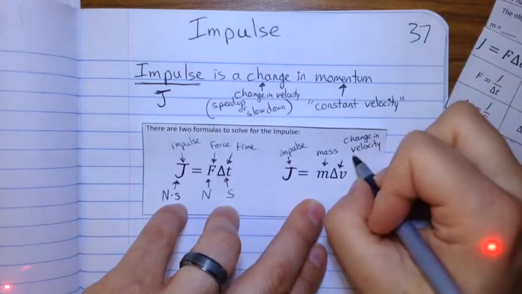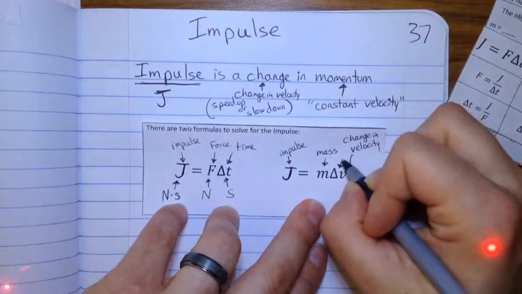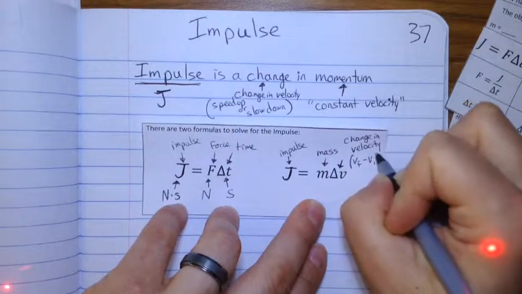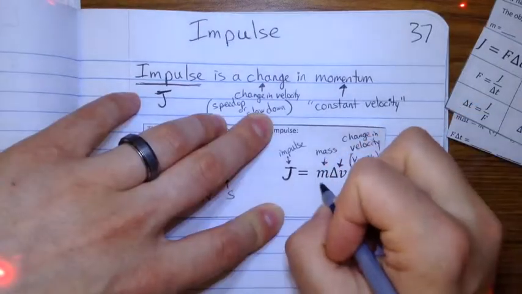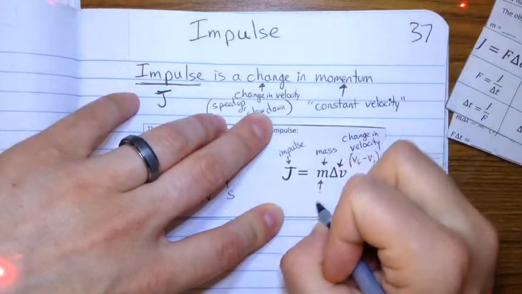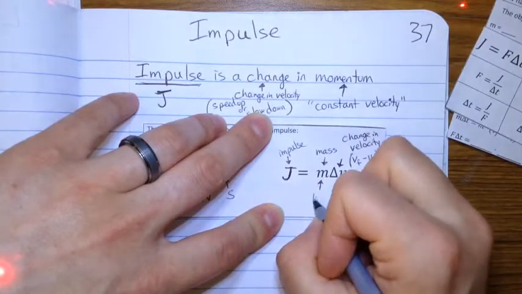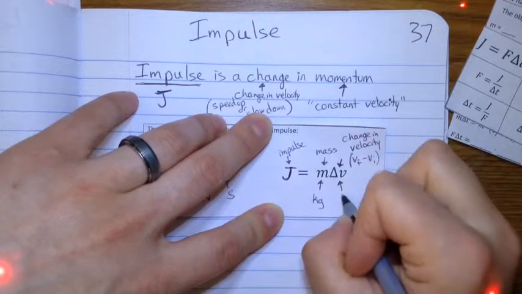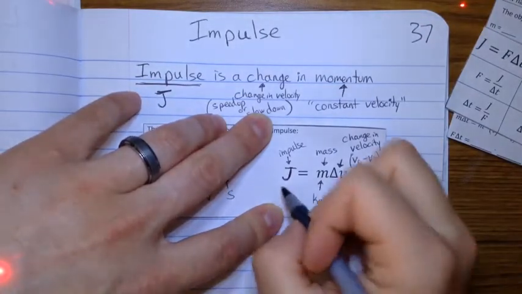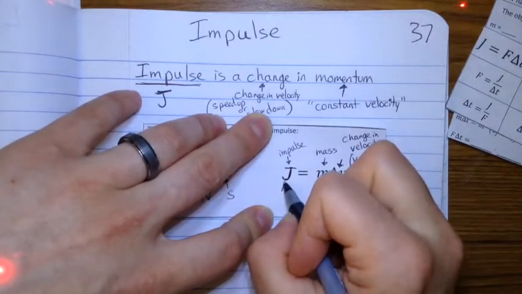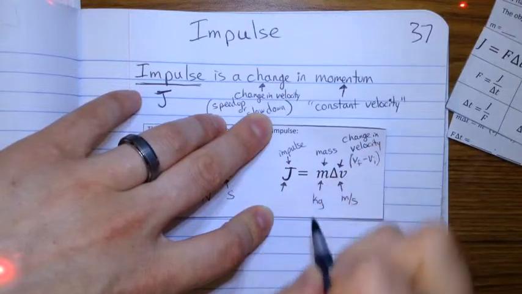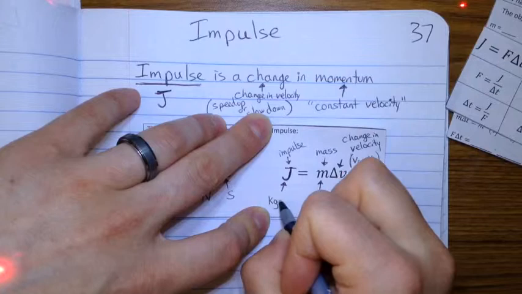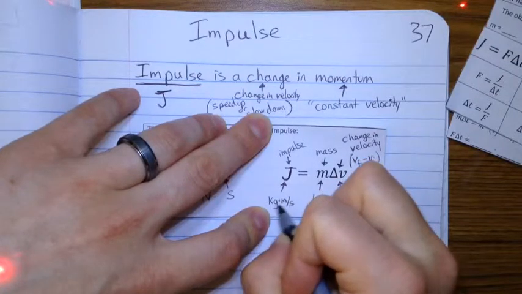That literally means, if you go back to the formula for acceleration, the final velocity minus the initial velocity. Units of measure for mass: kilograms. Units of measure for velocity: meters per second. So our units of measure for impulse can also be kilogram times meter per second.